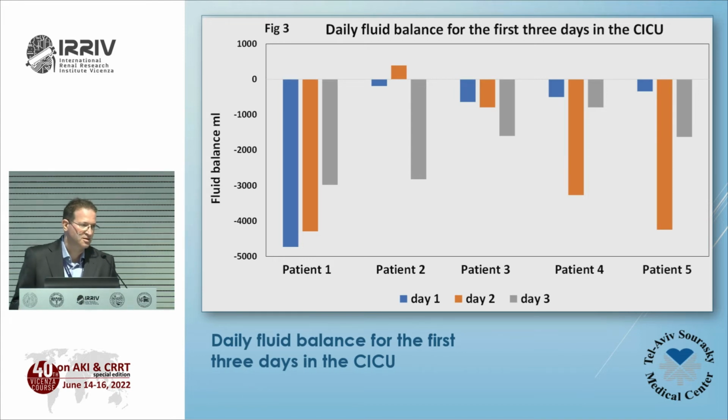So I think that the most important take-home message should be that among patients admitted to the ICU, early and goal-directed care should be performed with regard to the management of fluid overload.